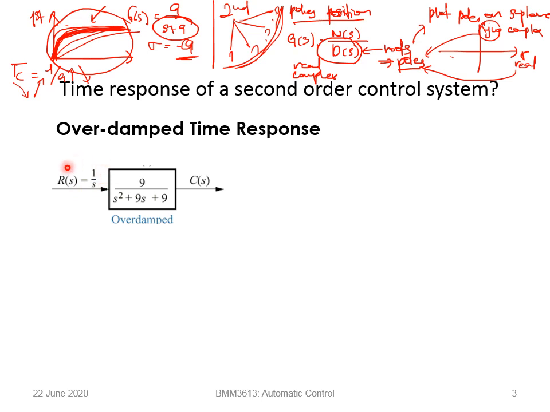And again, just like in first order, in order to study the behavior of a system, we inject into it a step input. If you remember from the previous lecture, in the frequency domain a step input becomes 1 over s. So we'll try to evaluate C(s) when we have a step input 1 over s, and our transfer function is 9 over s squared plus 9s plus 9.